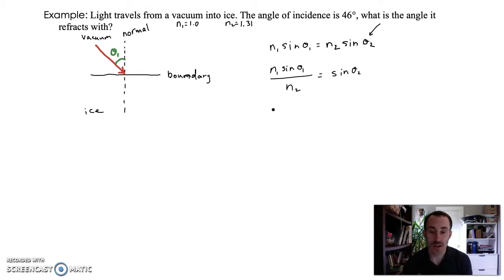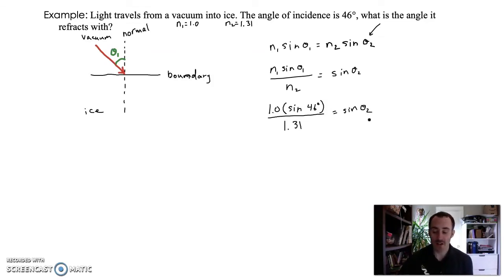Okay, so now I know that n1 is just 1.0 times the sine of 46 degrees, that's the angle of incidence, divided by the index for ice, which is 1.31. And that gives me the sine of the angle of refraction.